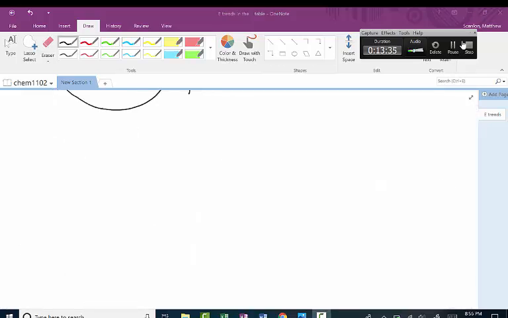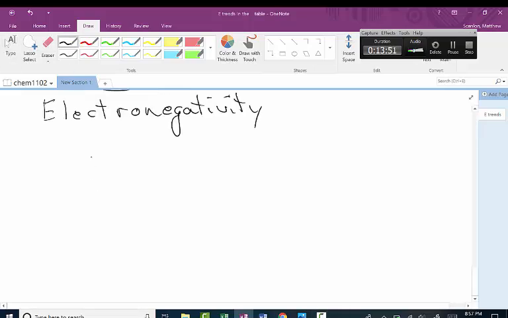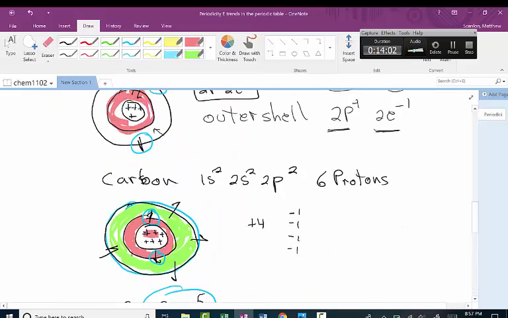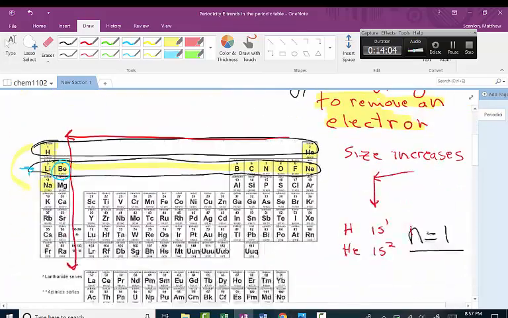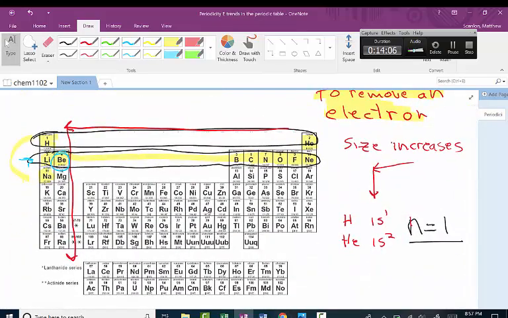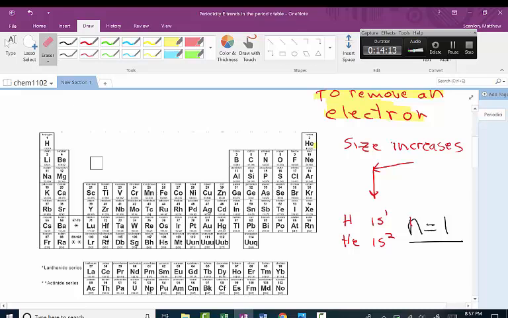So now it becomes easy. Let's talk about electronegativity. Electronegativity increases as we go up the periodic table and over. So if I go back to the periodic table, we will see electronegativity increasing as you go this way, up and over.